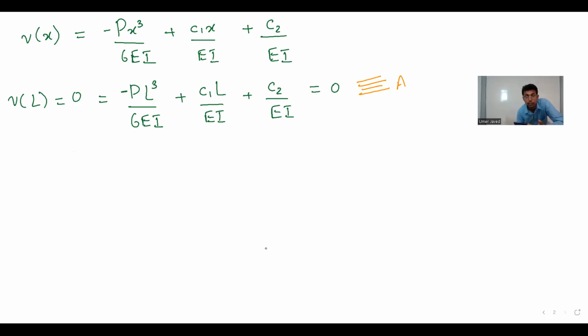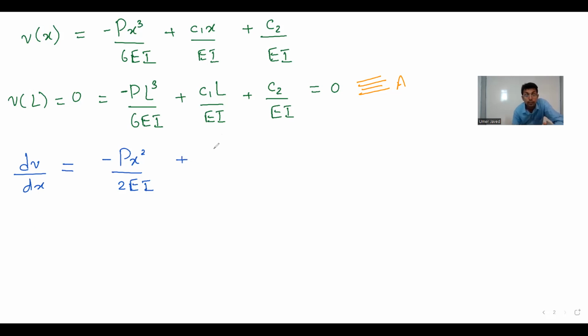And last but not least, you will say that dV/dx, again, if you want to put a bracket x here, that deflection is a function of x, I don't have any issues, is equal to, take the derivative for me. What will be the derivative? It will be minus 3Px² over, so it will be minus Px² over 2EI, correct?